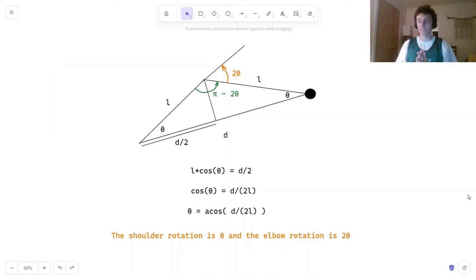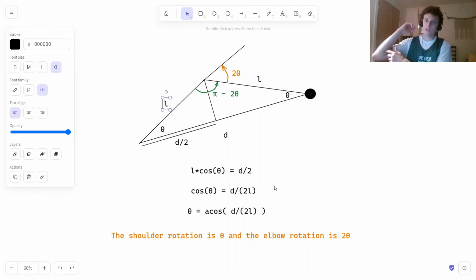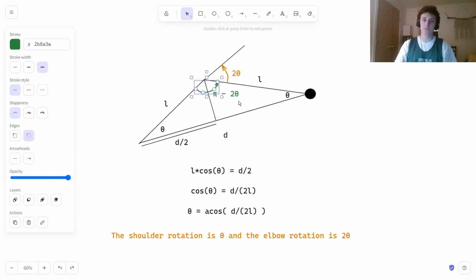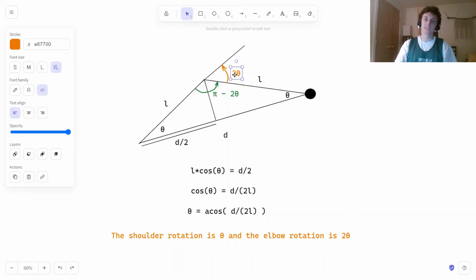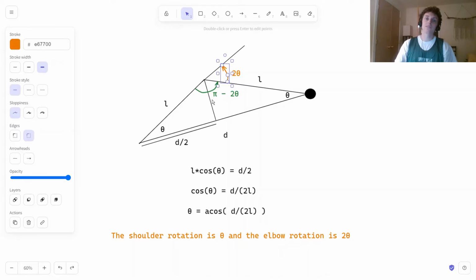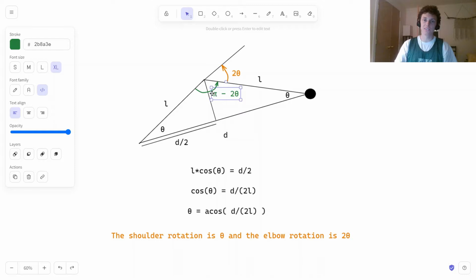Okay, so real quick, because I feel like I didn't really explain it well before. The trick with this is that once you assume that the upper arm and the forearm are the same length, then you get this isosceles triangle, and because of the geometry, this angle up here is equal to pi minus 2 theta, and then this angle is equal to pi, like 180 degrees, minus this angle, which is pi minus 2 theta.